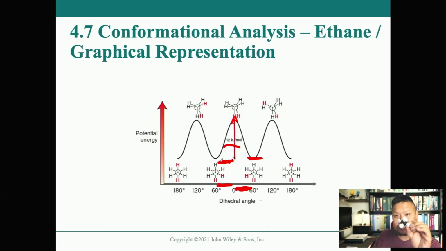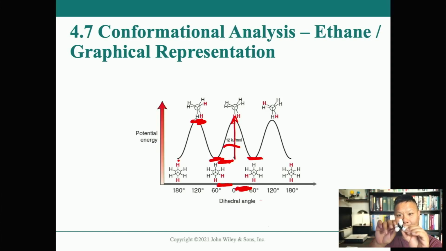What that means is that we're at our low energy again. Then we can rotate some more and go back up again, and we're at the top now, at 120 degrees of dihedral angle right here.